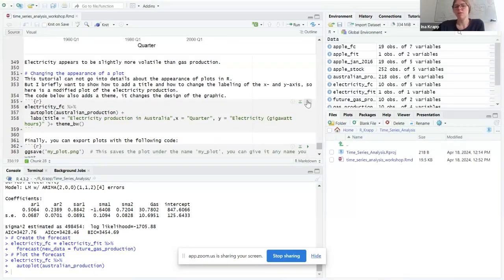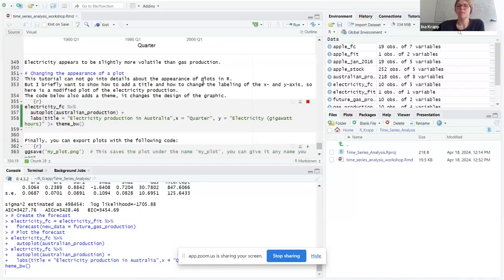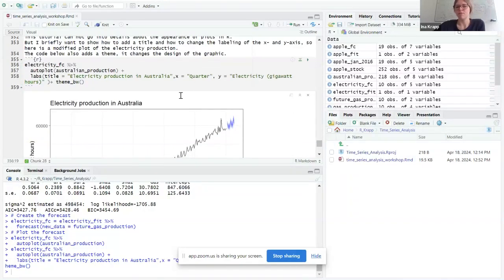So the code below will simply modify the appearance of the graph. It does not do any statistics or anything of that sort.